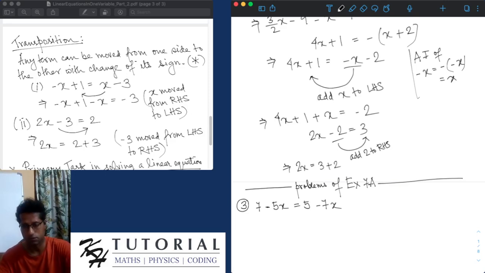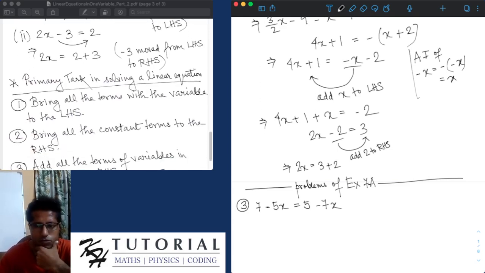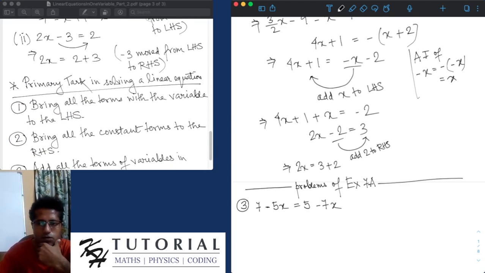So this was transposition of a term from the LHS to RHS. Always remember that these are the rules that will be used while solving a linear equation in one variable.